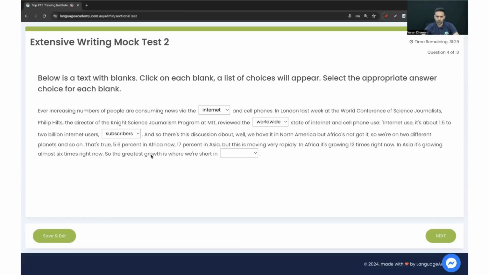So the greatest growth is where we are short in dash. Short in width. Width is used for physical objects. Range is used for area, right? Penetration is when you get access to something, you penetrate a market.